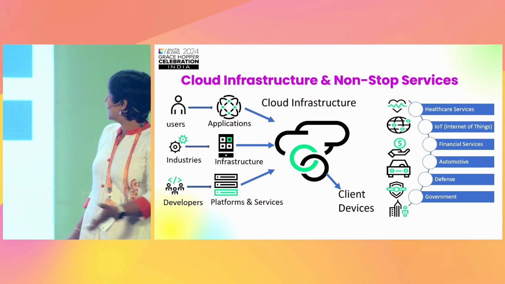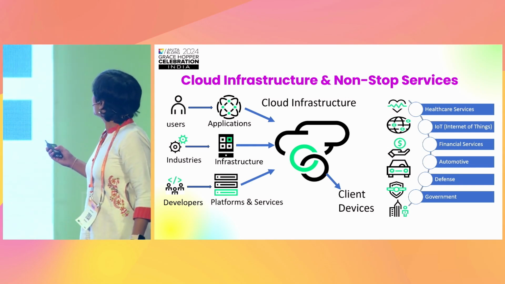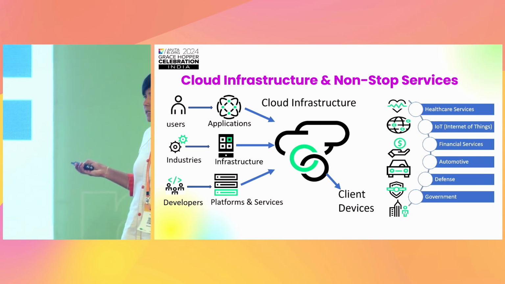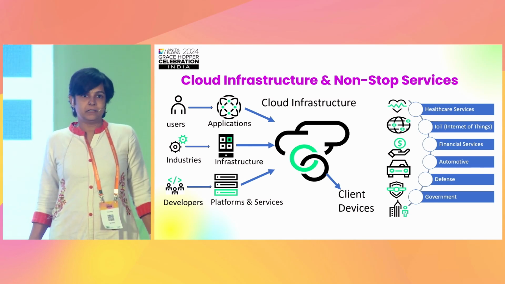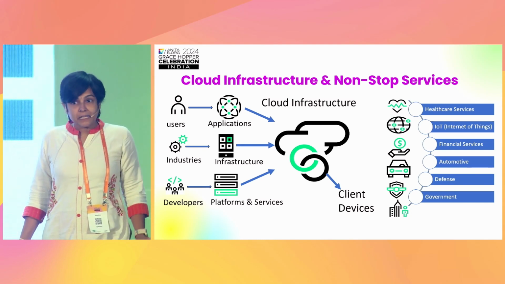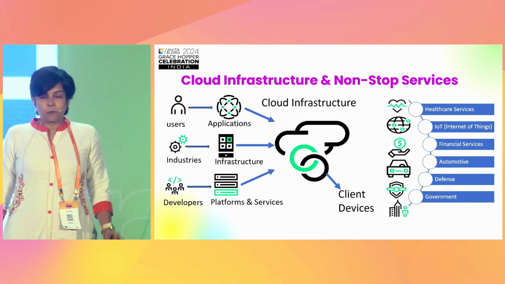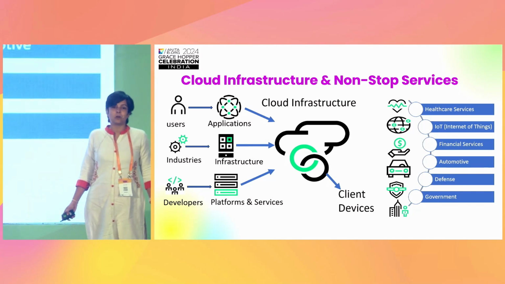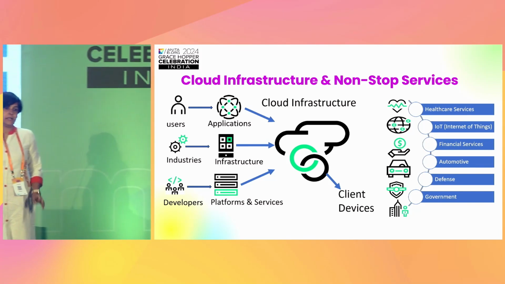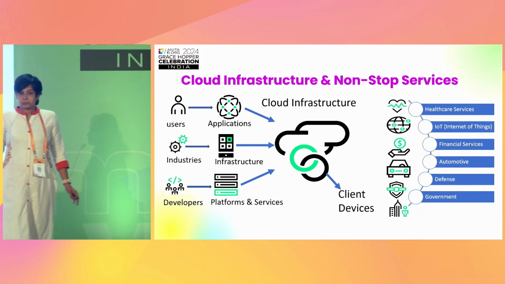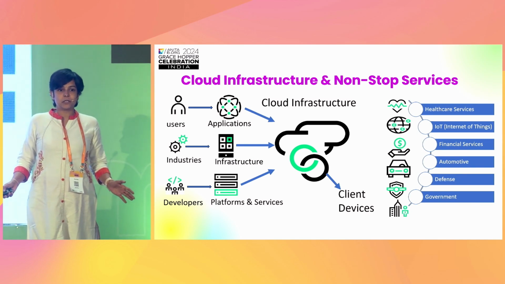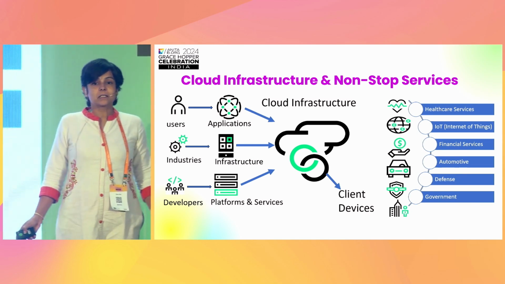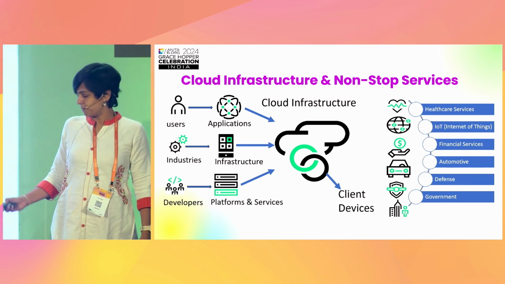Those industries, like what we have here: healthcare, IoT, financial services, defense or government, and other things. And if any fault happens, any downtime happens, that is not tolerated in these kinds of industries. So there we have to make sure that it is fault tolerant. In case some problem happens, what to do?